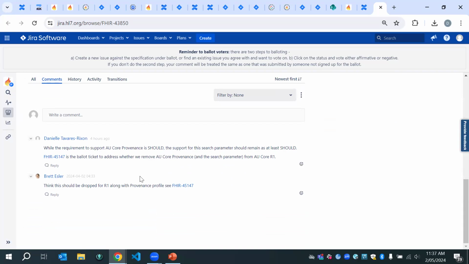And if we make a later decision, which I think is coming up, oh, it's already up for vote as of this morning, if we choose to remove the AU Core provenance profile, we would also be removing this search parameter entirely, and this would trump the current change. Places where we're using may, it's kind of like you're allowed to do this, but it's not a requirement of AU Core. Yes, in general, we try to avoid may and try to use should, because that's a recommendation. It's just not something that is mandatory for you to do.